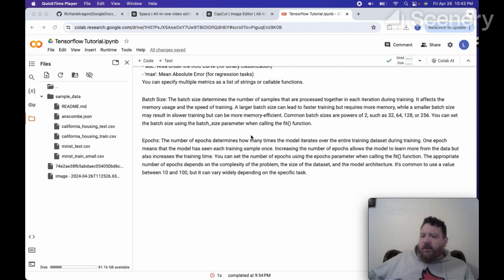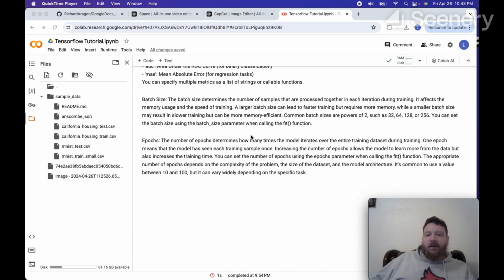And just as a general rule, you set the batch size based off of your GPU. If you have more memory within your GPU, you can generally set a higher batch size, right? And as it says, a larger batch size can speed up your training. So if you have a slower GPU, it's going to take you longer to train because you have to lower the batch size, which means training the model on less data at one time overall.